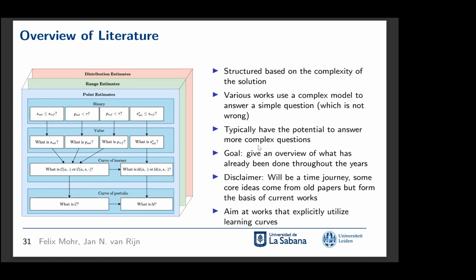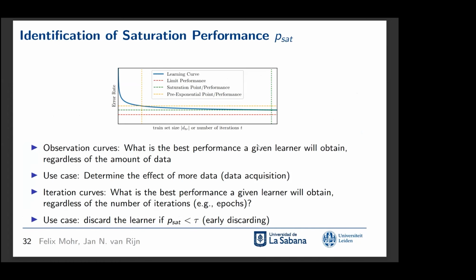Now let's go quickly into this. First of all, the identification of saturation performance. So given a certain learner, what will be in the limit, given the maximum amount of data that this learner can learn with, what will be the performance? In case of observation-based learning curves, the use case is data acquisition.